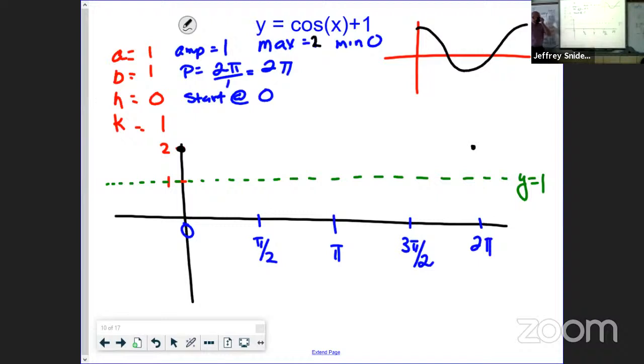Okay? Can somebody tell me where the minimum is going to occur? Where on the x-axis is the minimum going to occur? Pi. Halfway between the maxes. The min is always halfway between the maxes. So the min's going to occur here. What is the minimum value? 0. So it's going to be right here.